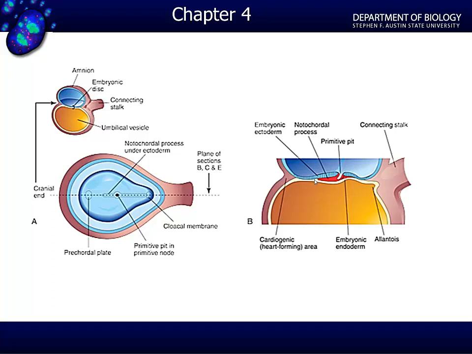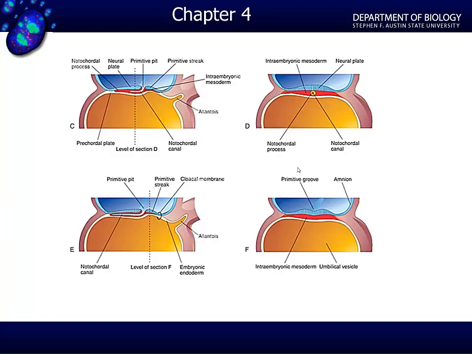This is going to extend forward within the center of our notochordal process and begin to hollow out the center of that notochordal process and create the notochordal canal, so that we basically have a hollowed notochordal process that is continuing to extend forward.